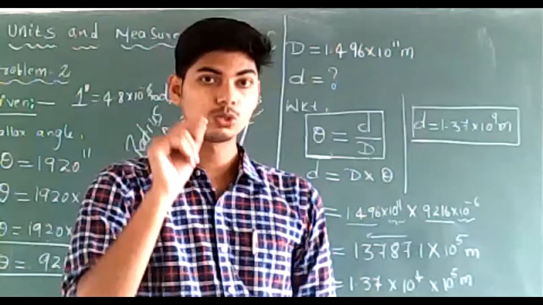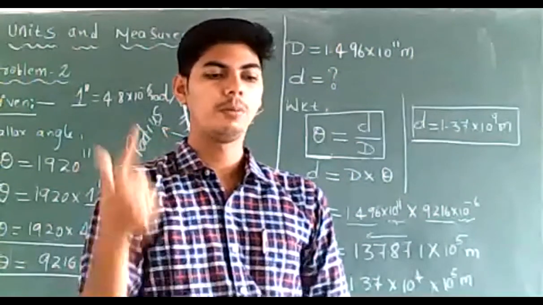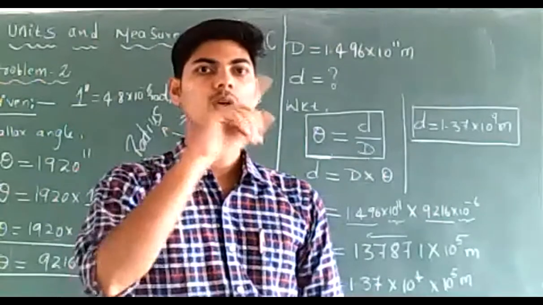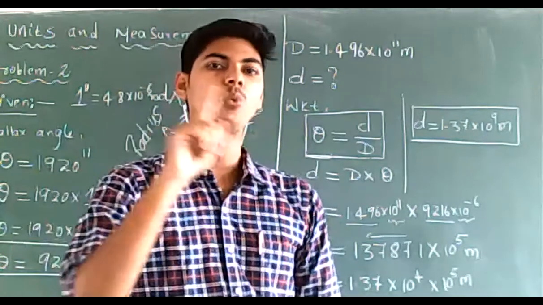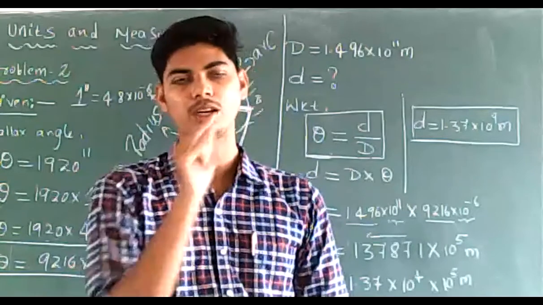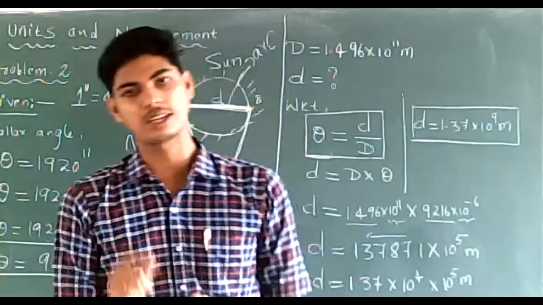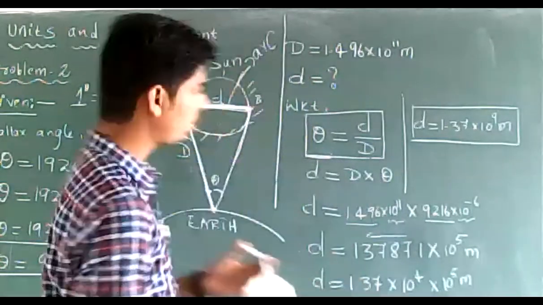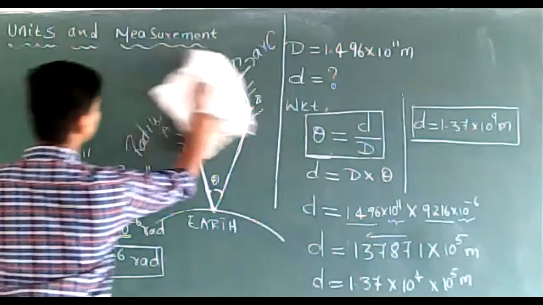So you must know how to convert from seconds to radian, minutes to radian, degrees to radian. Remember those three values. 1 degree is equal to 1.74 into 10 power minus 2 radian. 1 minute is 2.9 into 10 power minus 4 radian. 1 second is 4.8 into 10 power minus 6 radians. So this is regarding the problems on the parallax method.